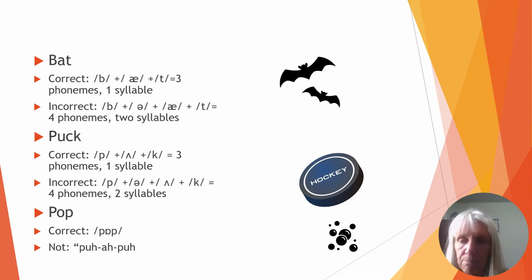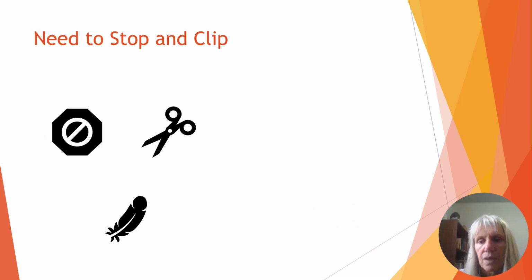We don't want to do that. It's p, o, p. Okay. It's not the puh-op-uh, which we tend to do if we're sounding it out. So that's why we've got to be careful. So we really need to be cautious of how we're speaking and be mindful of that tendency.